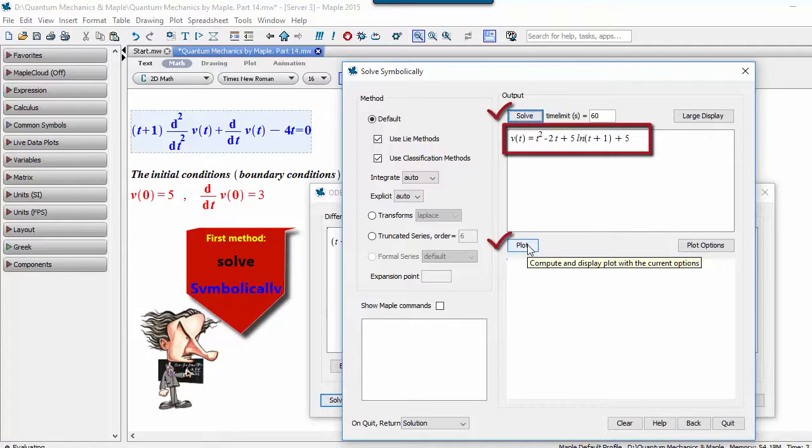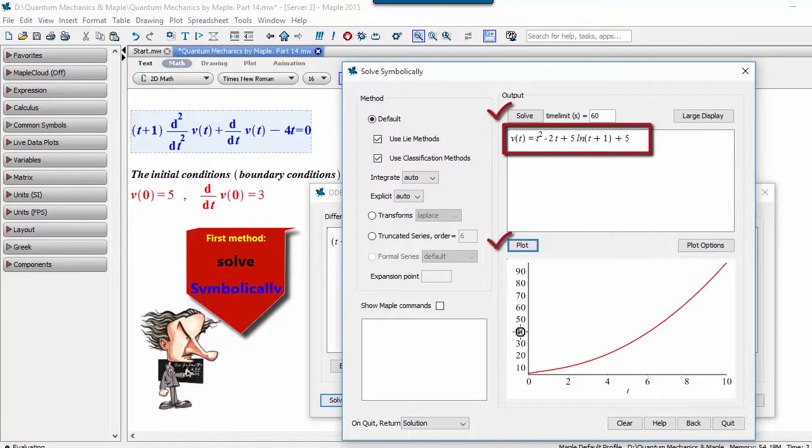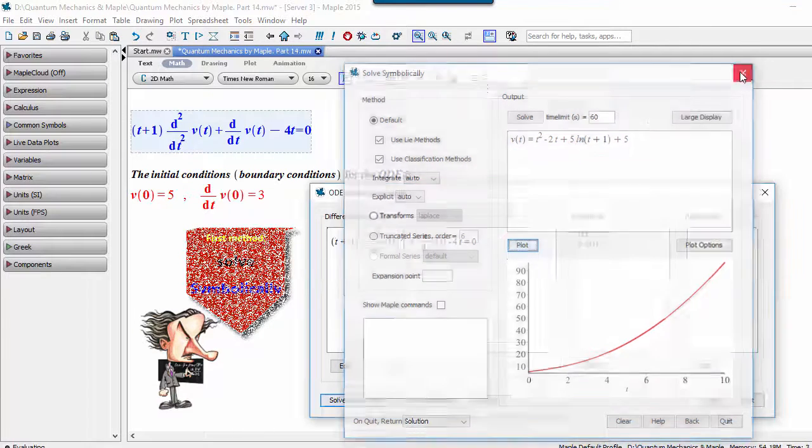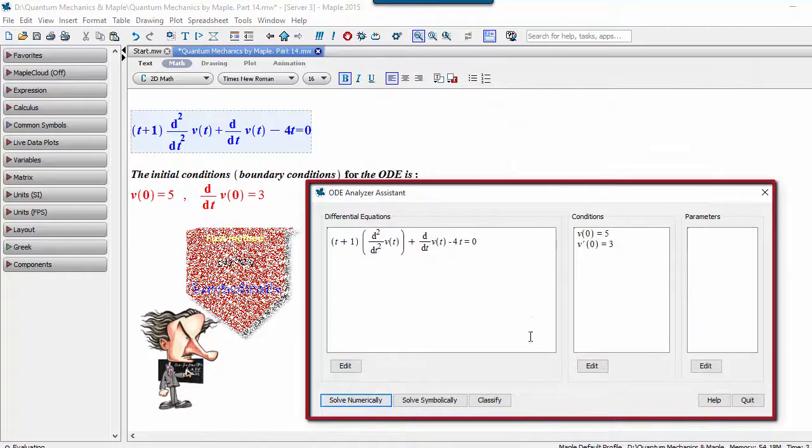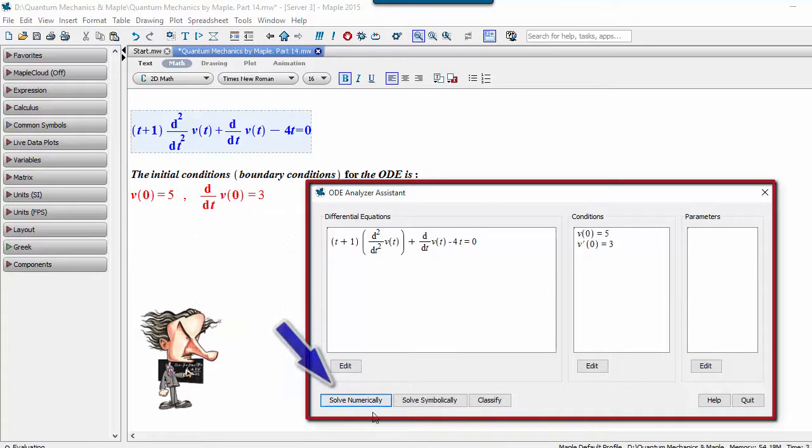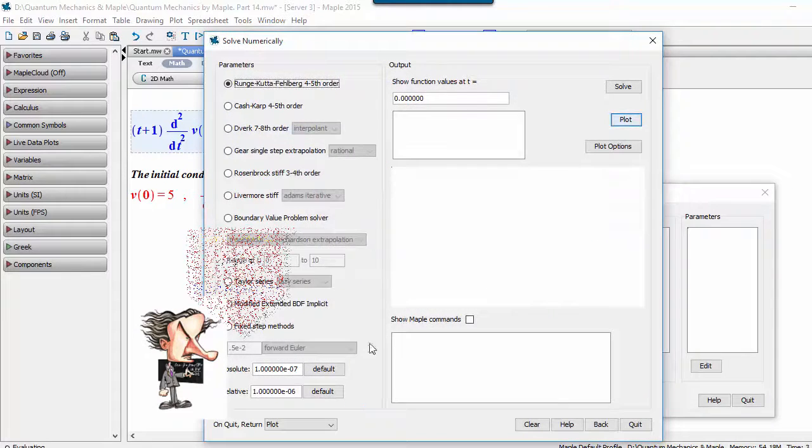As well, its plot is as expressed earlier in the 6th video. If Maple by symbolic or exact computation does not find any solutions, it is recommended that you use numeric or floating point computation. Now, let's solve the ordinary differential equations with boundary conditions numerically.